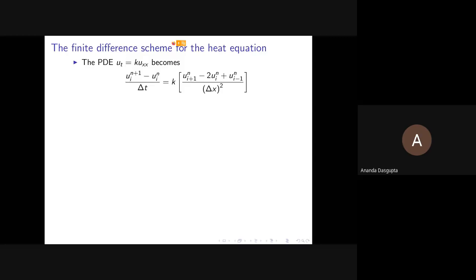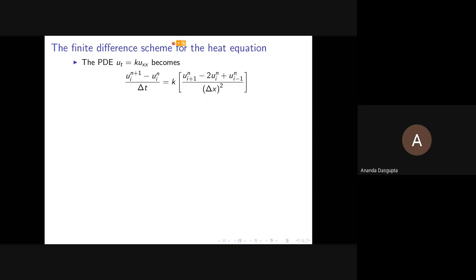So note that we are solving an initial value problem, which means that at n equal to 0, I know all the u's at every i. So at n equal to 0, at every x, u(x,0) = f(x), that initial condition, can be translated to the knowledge of u_i^0 for all i.